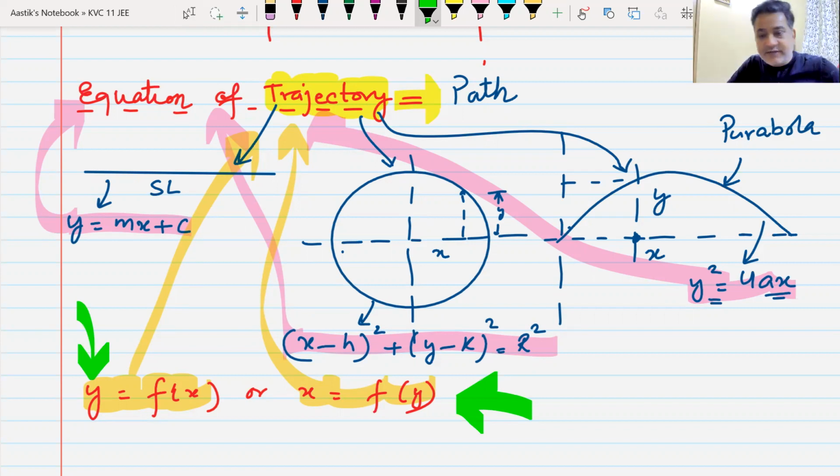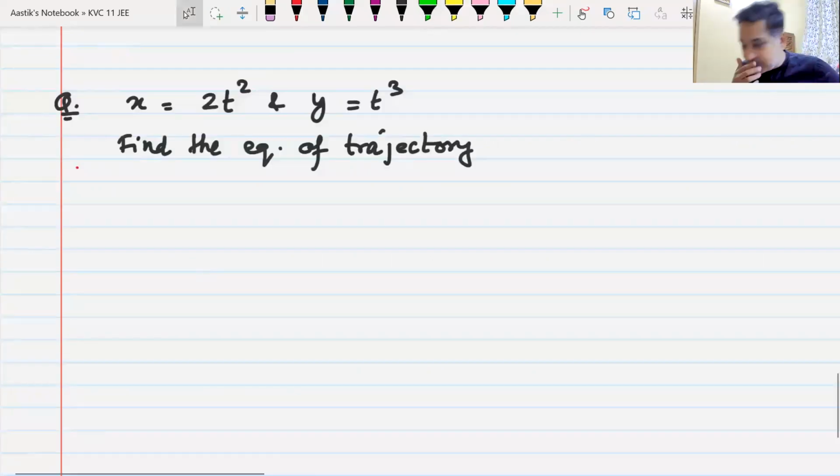Okay, then I think I gave you a question wherein you had to find the equation of trajectory, and the question was looking like this: x is equal to 2t square and y is t cube. You have to find the equation of trajectory. Anyone could do this?